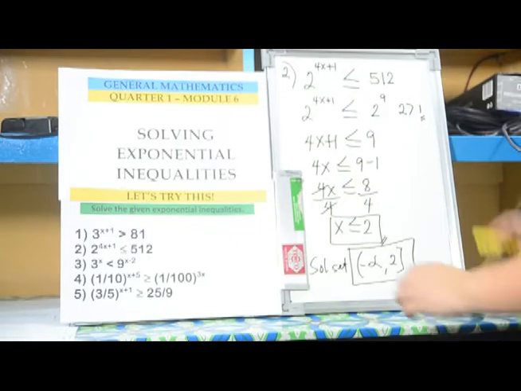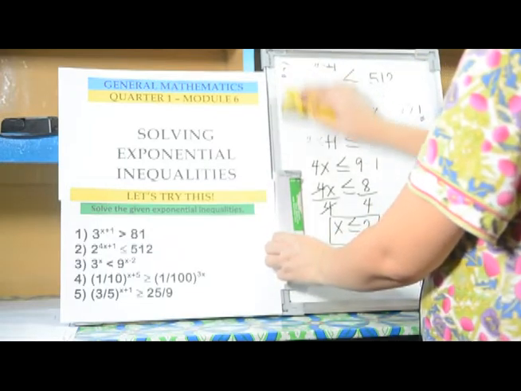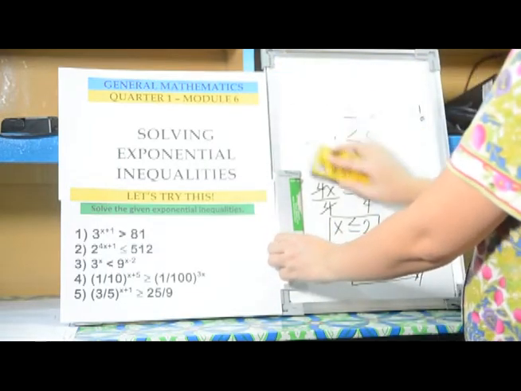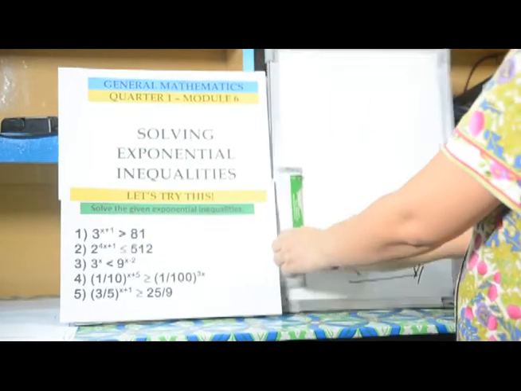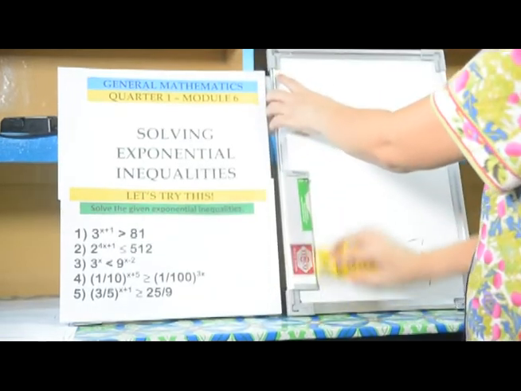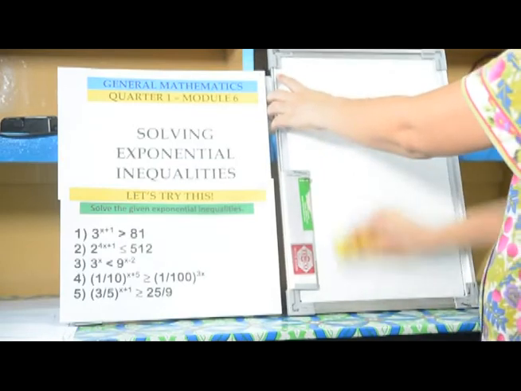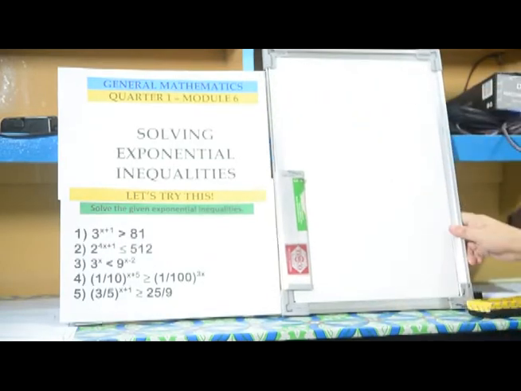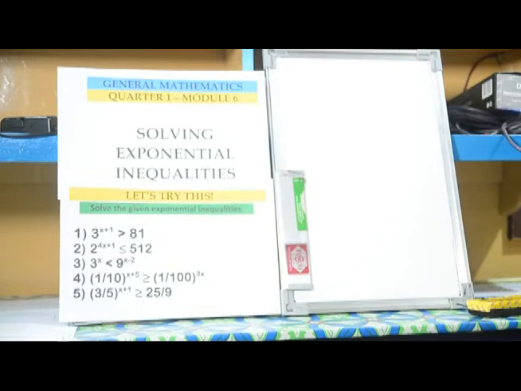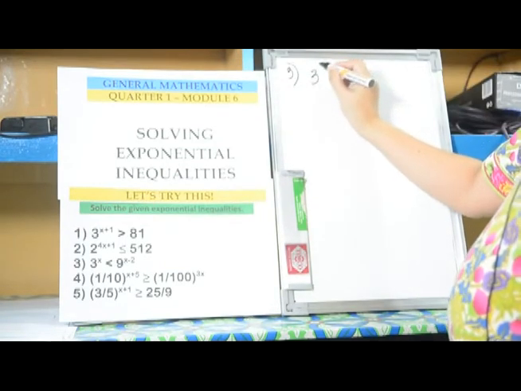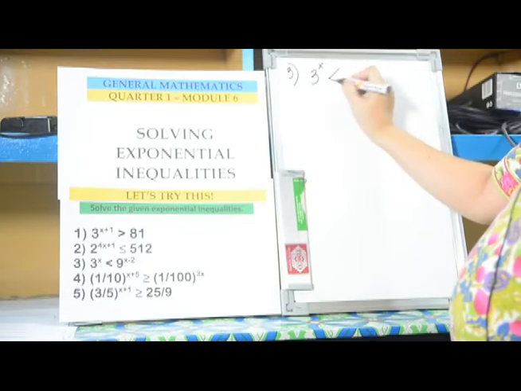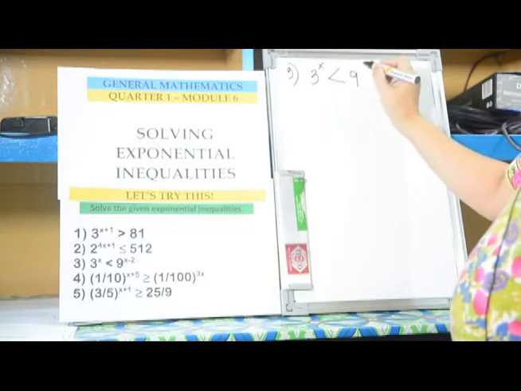Let's go further. For number 3, we'll have 3 more examples. For number 3, we will have this one: 3 raised to the power of x is less than 9 raised to the power of x minus 2.